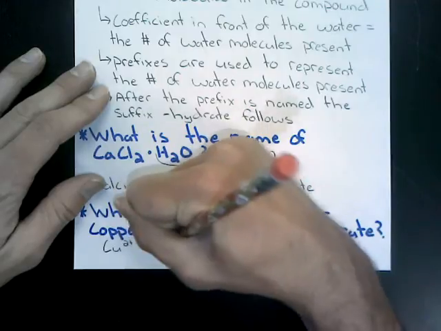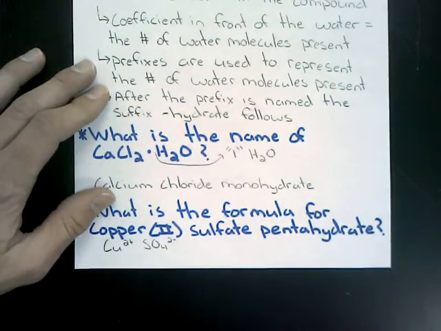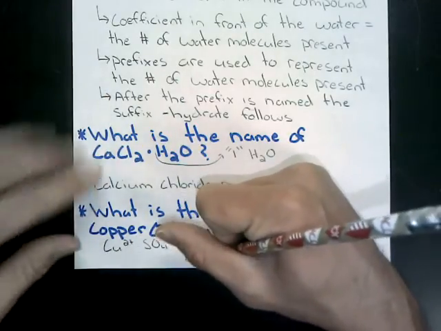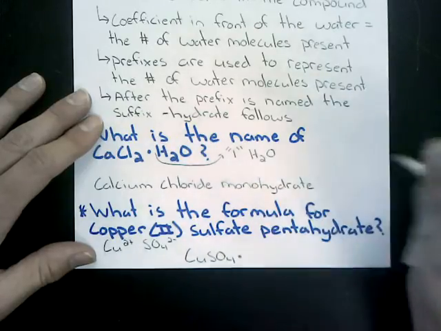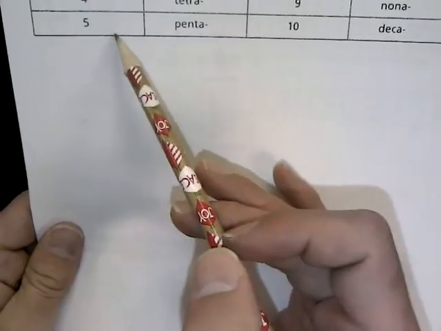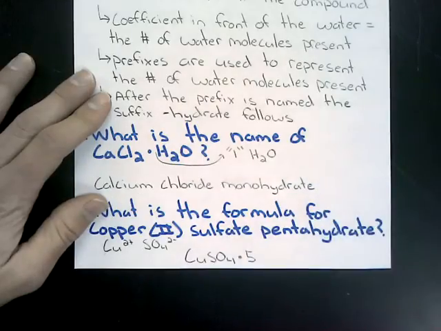Now, when we form this formula, it becomes CuSO4. I write that down, CuSO4. Now we draw a dot because it's a hydrate, and then we have to look up what the prefix penta stands for. And so the numerical value of penta is 5. So we put 5, and now remember, hydrates represent water.